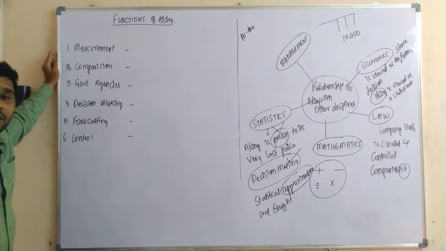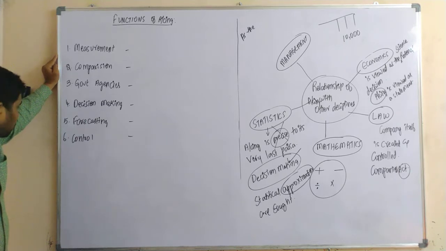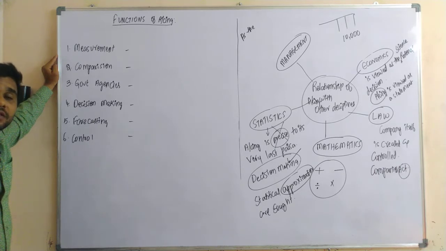Control is nothing but the accounting would be used for the purpose of controlling the weaknesses of the operating systems of the company.